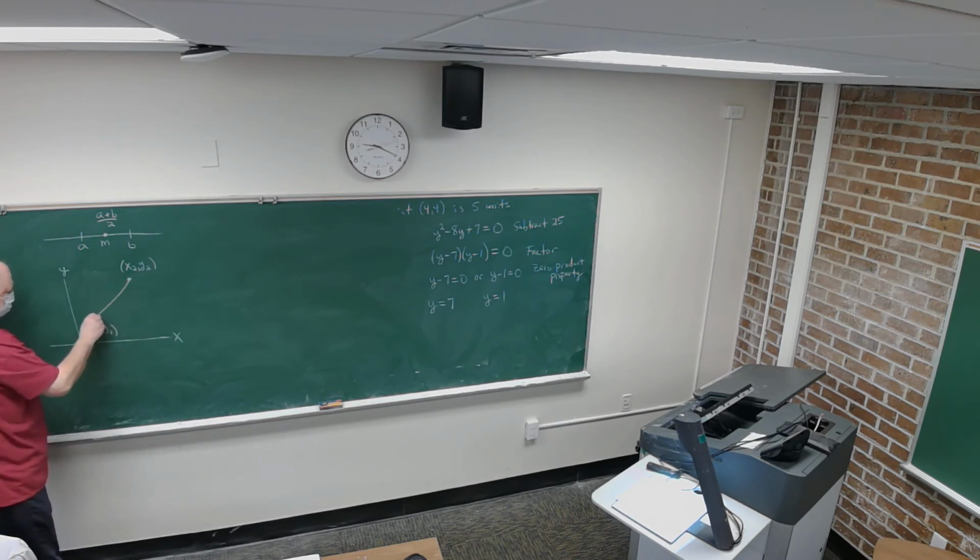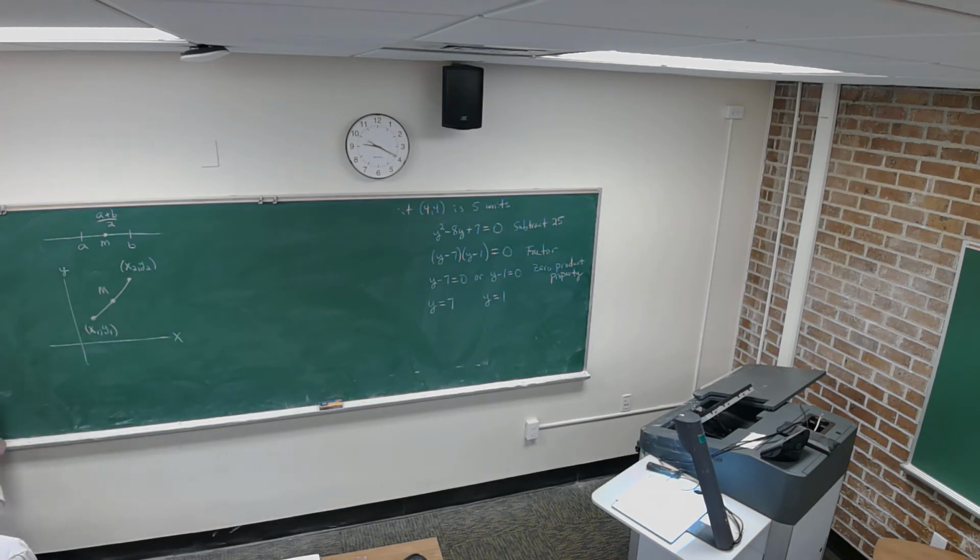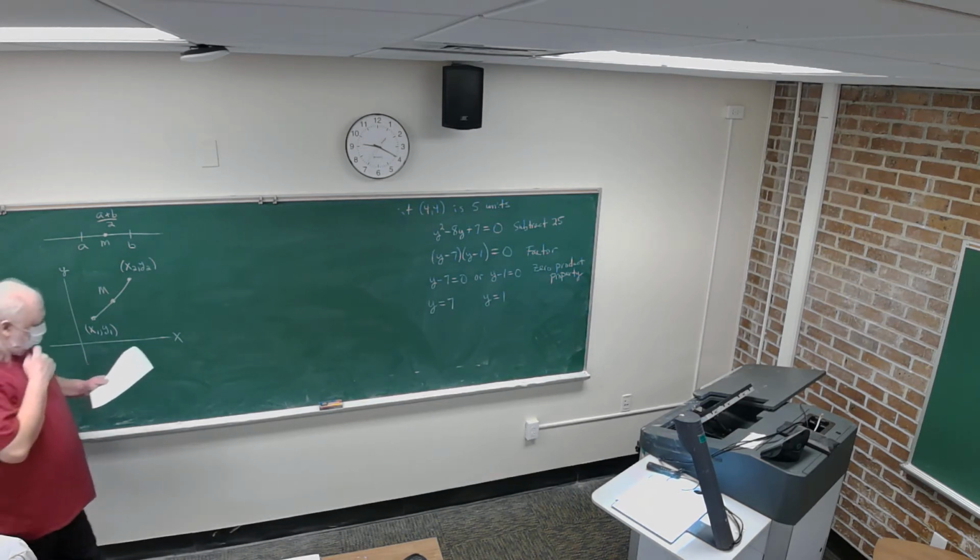So I connect the 2 points with a line segment, and the midpoint of the line segment is M. The x coordinate for the midpoint is the average of x1 and x2 for the first coordinate, and the y coordinate is the average of y1 and y2 for the second coordinate. So it's very similar.